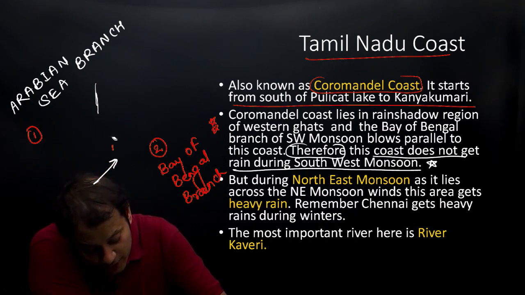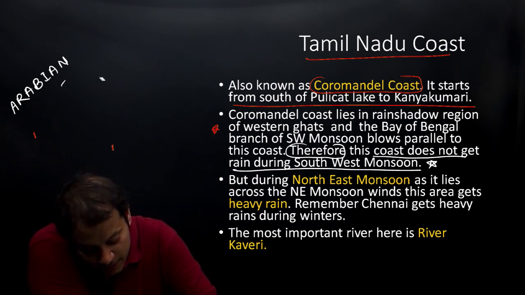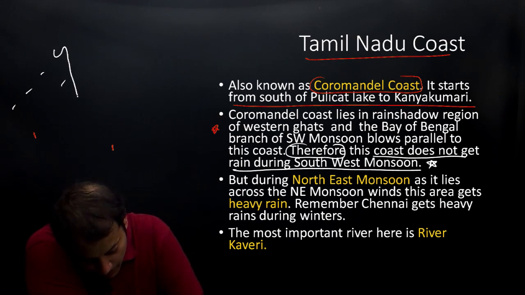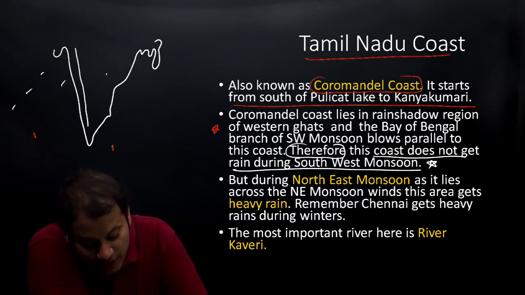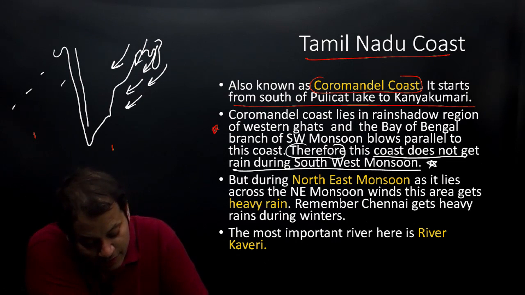during the northeast monsoon, that is during the winter season, what happens in this region? You can see during the northeast monsoon, the northeast monsoons which originate in the northeastern region, because of the Coriolis force in the northern hemisphere, the winds get deflected to the right hand side and they blow over the Bay of Bengal.